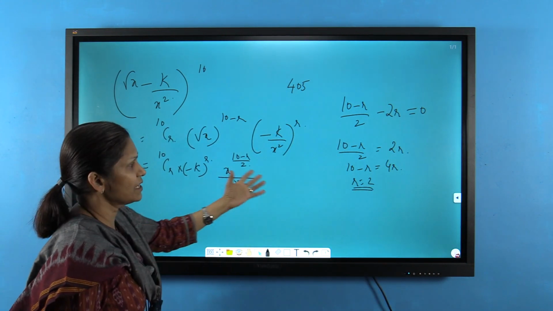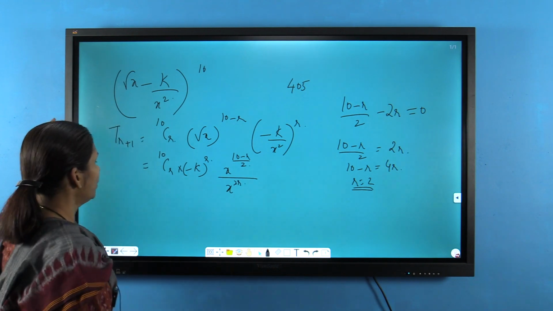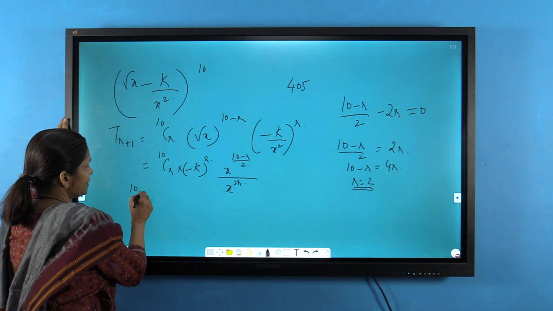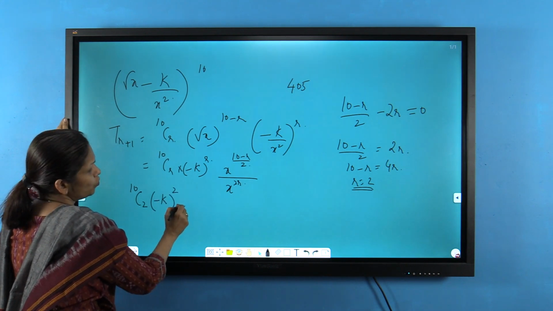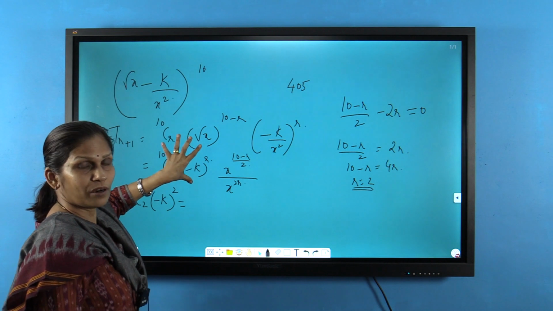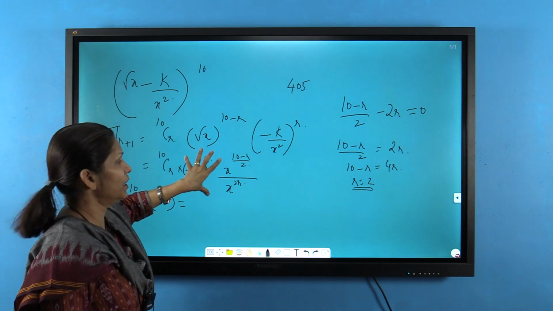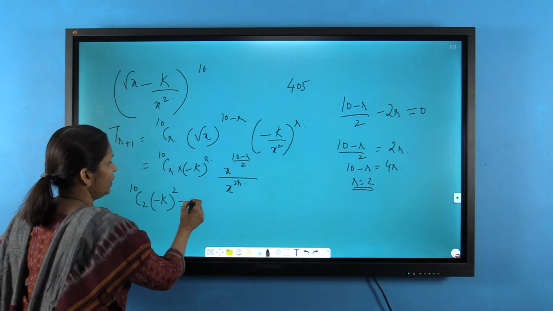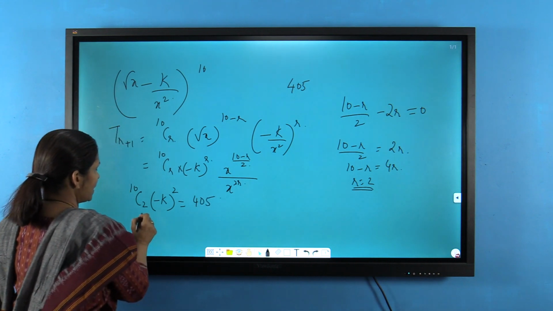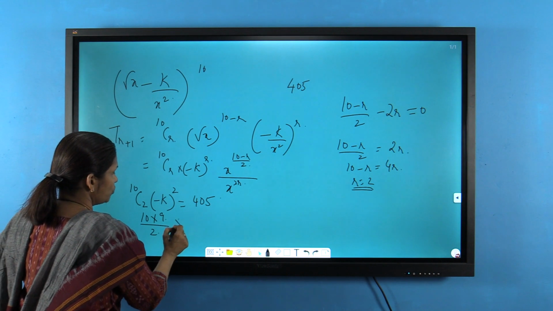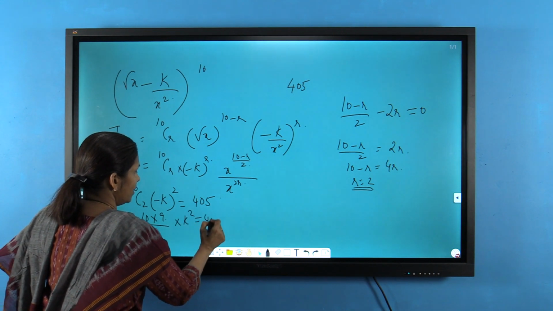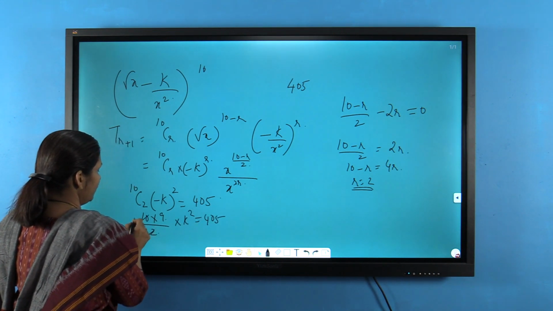And what is the term? Substituting r equal to 2 here, you have 10C2 (minus k) the whole raised to 2. That is the coefficient of the term independent of x, which is given to be 405. What is 10C2? 10 into 9 divided by 2 into k squared is 405.